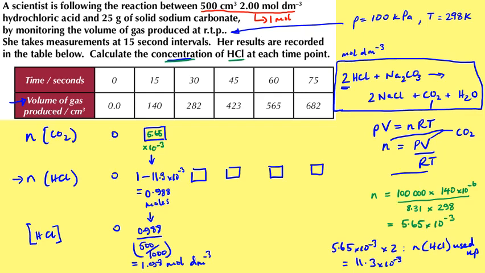And that is the concentration of hydrochloric acid that we've been asked for. It's the concentration of hydrochloric acid at the first time point, 15 seconds.